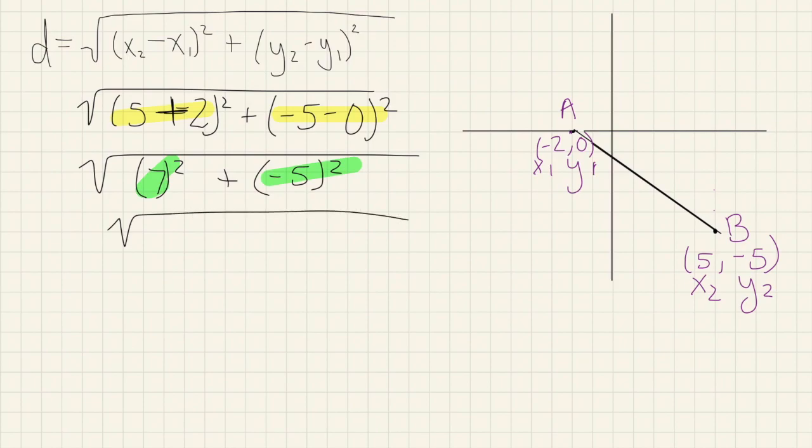So then we square those, which will give you 49 plus 25. So then we're going to go ahead and add those together. So 49 plus 25 will give you 74. And again, use your calculators. They're there as a resource, so go ahead and use them.